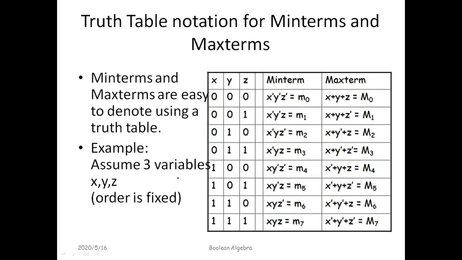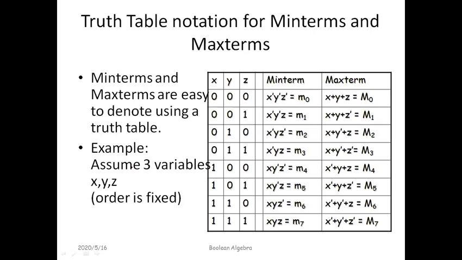Let's look at the truth table to illustrate the notation for the min term as well as the notation for the max term. The min terms and max terms are easy to denote using a truth table. Let's still consider three variables, x, y, and z, all following the same order.